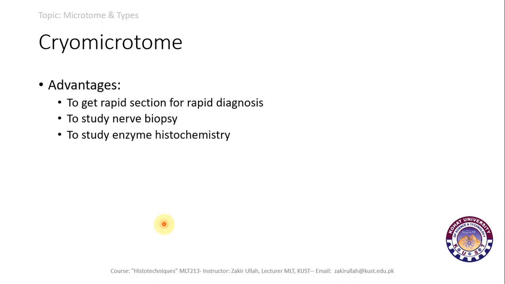The advantage of the cryomicrotome is that it is used to get rapid sections for rapid diagnosis. This cryomicrotome is used to study nerve biopsy, and it is best used for enzyme histochemistry.